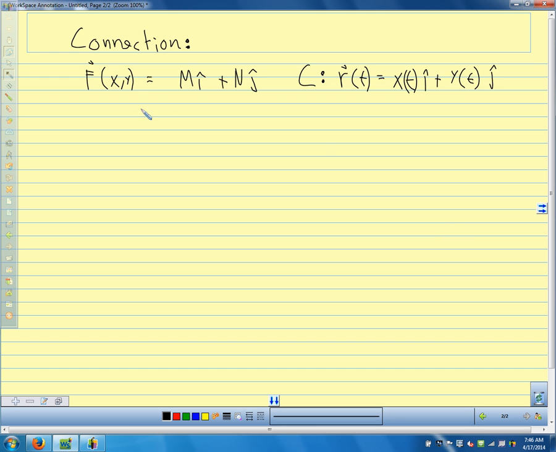When we do our line integral, we take F dot r prime, so we're going to form that dot product.